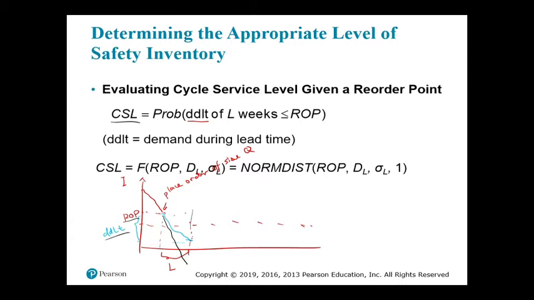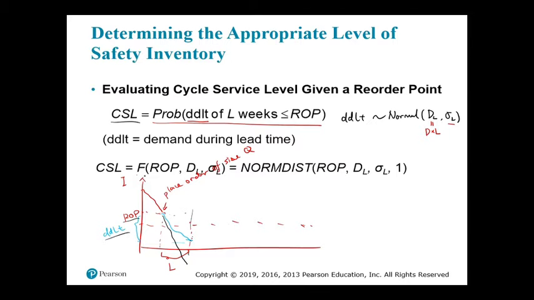And therefore, let's say our demand during lead time follows a normal distribution with average DL and standard deviation sigma L. Okay, so we already calculated DL is equal to D times L. And we just need to figure out what sigma L is.